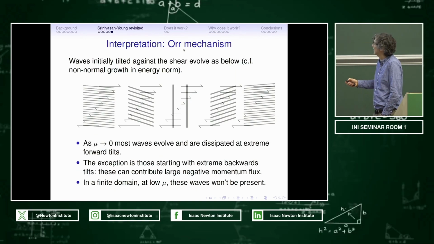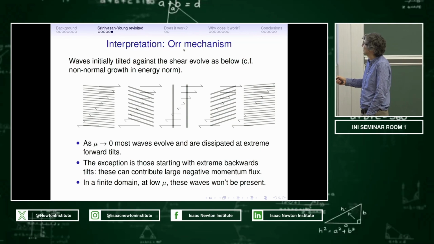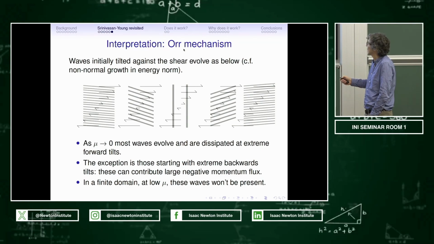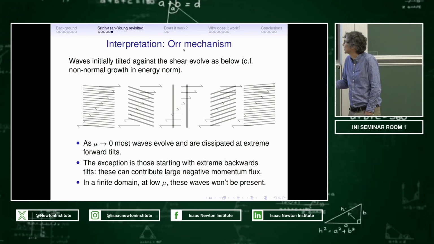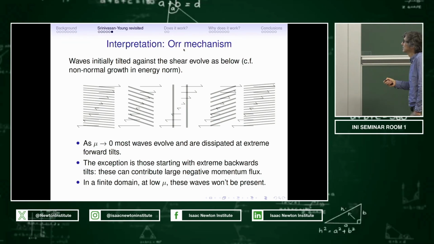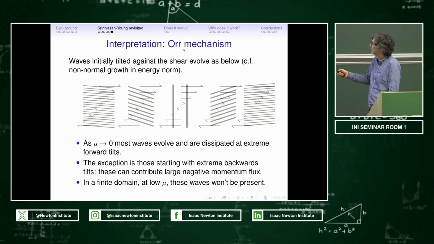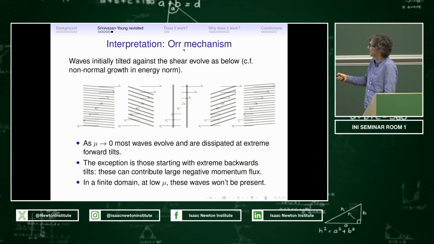In terms of a physical interpretation, the idea is that different waves introduced at different forcing angles contribute to the momentum flux differently. At low friction, these are pictures of wave fronts and how they evolve in time due to the shear flow.